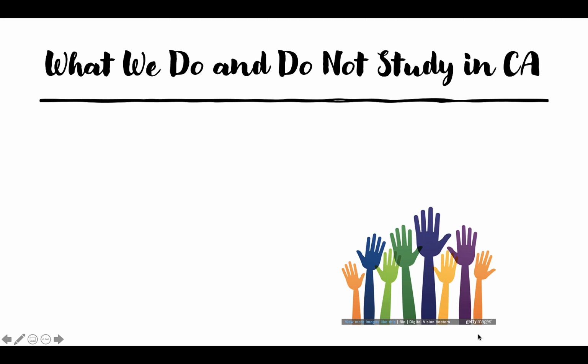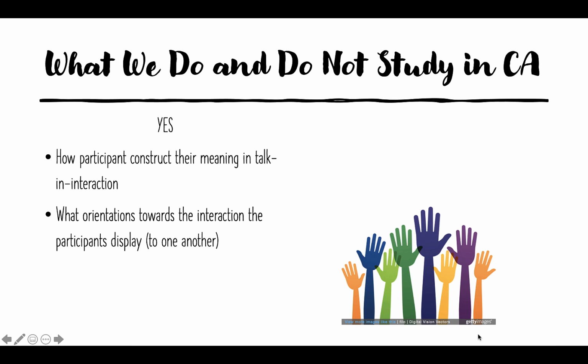So what can we study using CA and what can't we? Well, first of all, we obviously study conversation, both formal and informal. So we can examine how precisely the interlocutors construct meaning in these conversations. We can also study what kind of orientations they display.